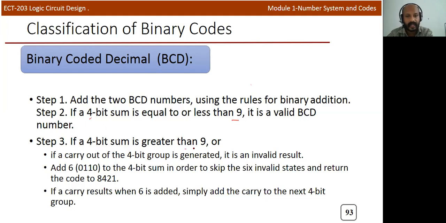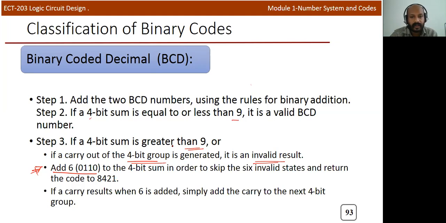If the sum is greater than 9, this is one condition, or if there is a carry out of the 4th bit, these are two cases. If there is a carry from the 4th bit, or if the result is greater than 9, we can say this is an invalid result. We need to do some adjustment in the result. The adjustment is that if the result is greater than 9 or if there is a carry, we will add 6 to it.